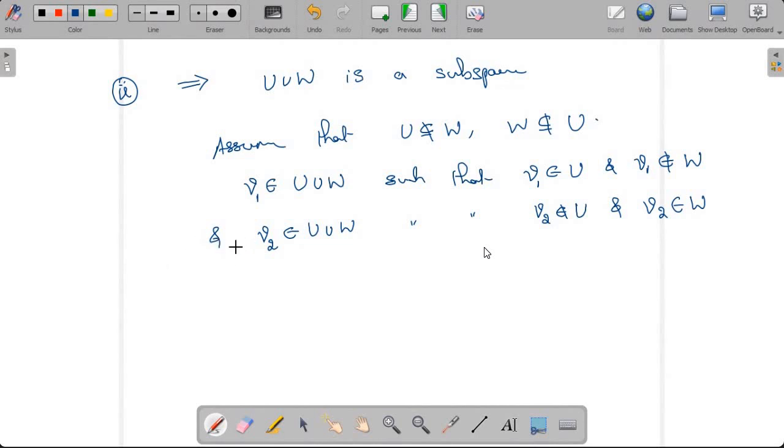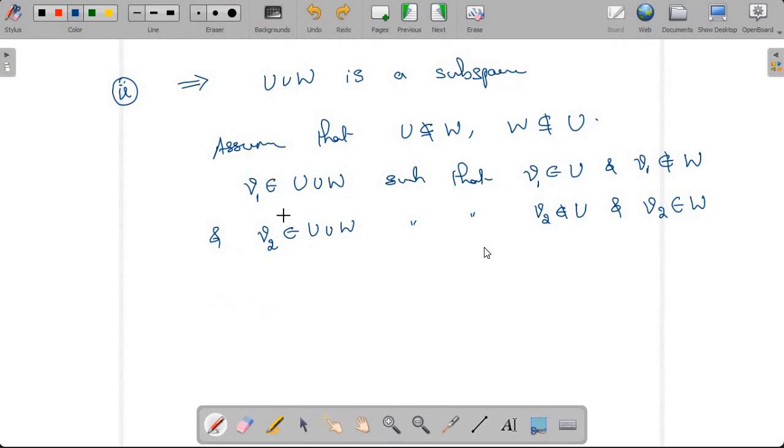Okay, now our aim is to prove that this assumption is wrong. Once you prove this assumption is wrong, what must be the correct assumption? The correct assumption is either U is contained in W or W is contained in U. So let me try to prove this assumption is wrong. Let me take these two elements V1 and V2.